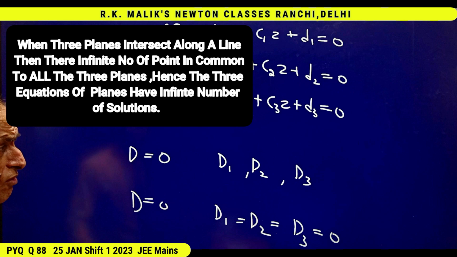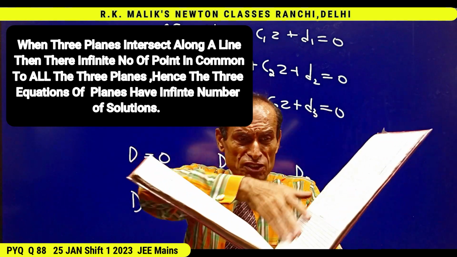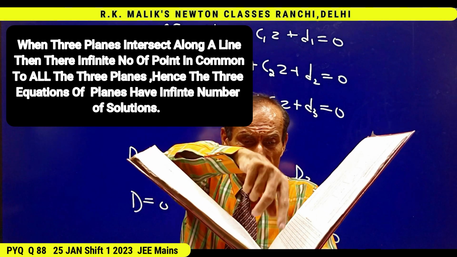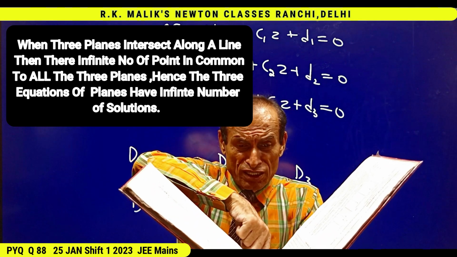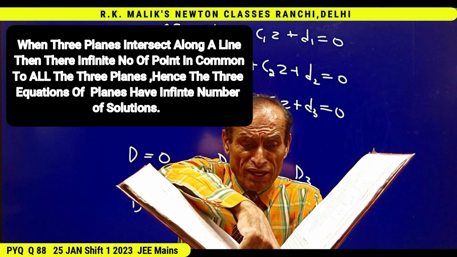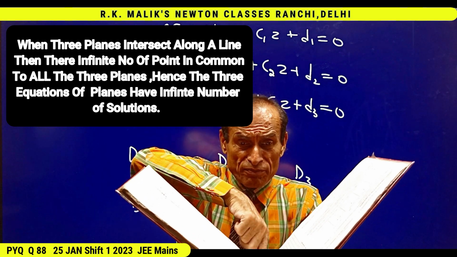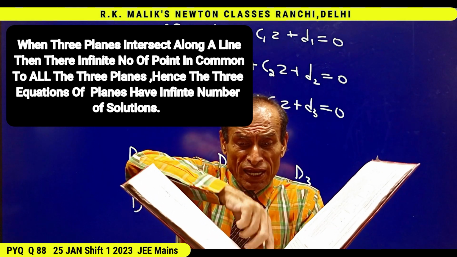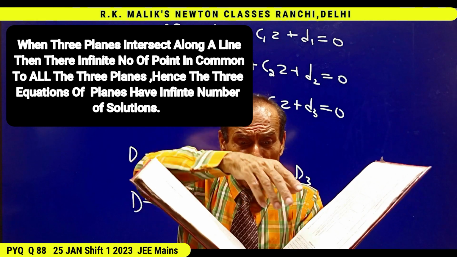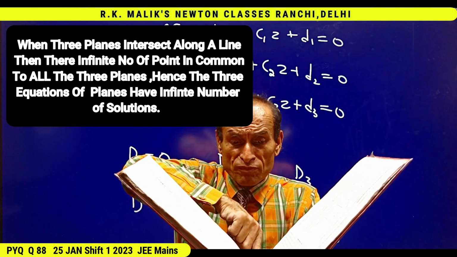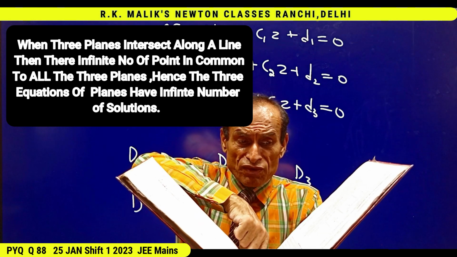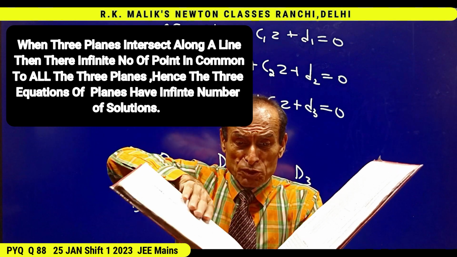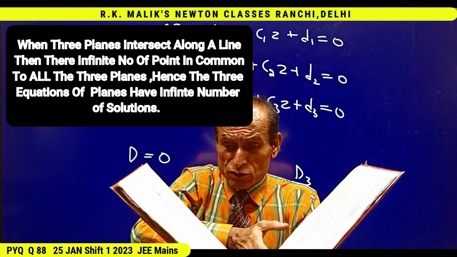that is the situation of this plane and the plane which is passing through the line of intersection of these two planes. The three planes are intersecting along a line, and these points are lying on this plane also and this plane also. That is, there are infinite points which satisfy all the planes.